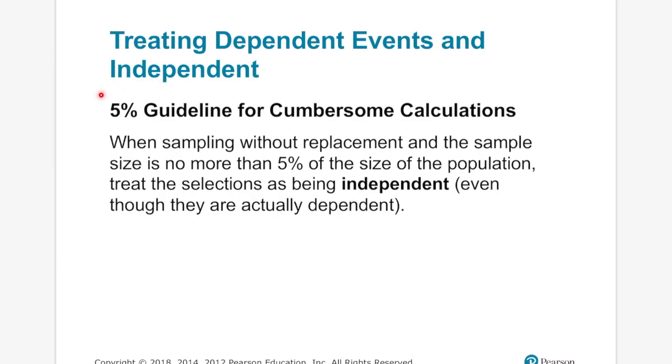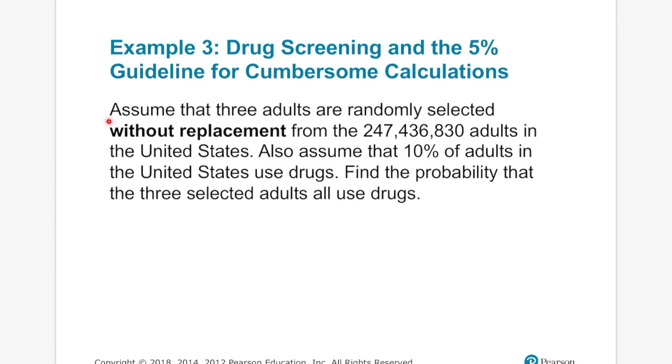Treating dependent events as independent, the 5% guideline. When sampling without replacement and the sample size is no more than 5% of the size of the population, treat the selections as being independent. For example, assume that 3 adults are randomly selected without replacement from the 247,436,830 adults in the United States.